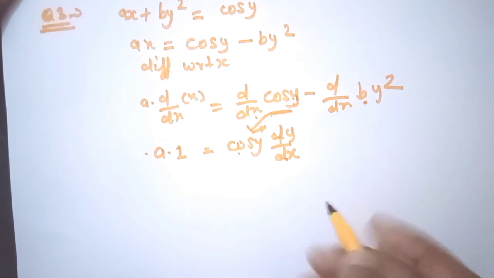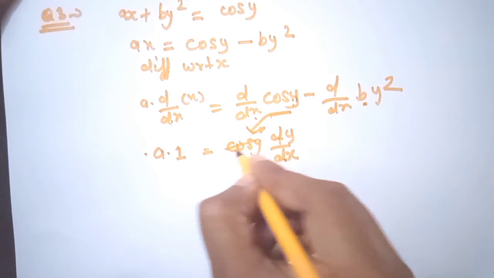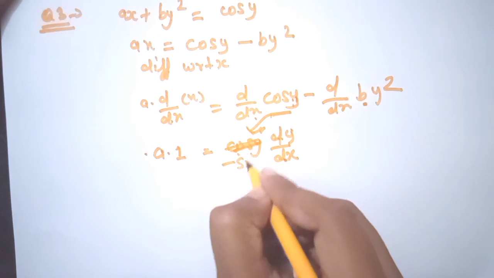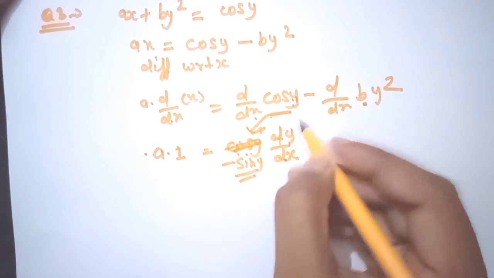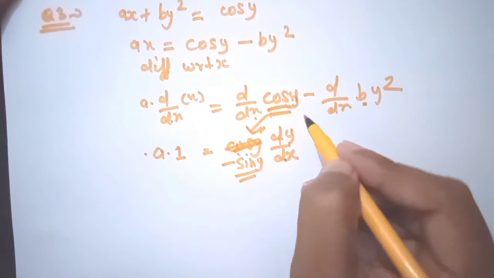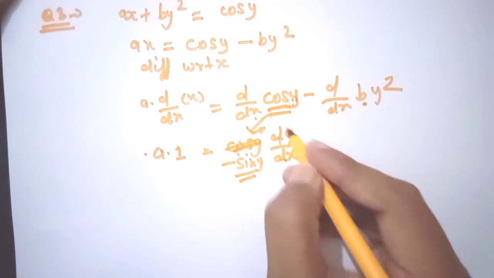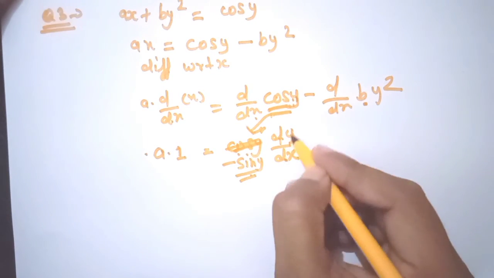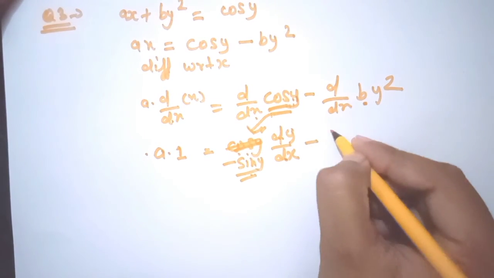But see, it will not be cos y, sorry, it will be minus sin y. We note the differentiation of this as a coefficient here. This will be minus sin y dy by dx minus b.